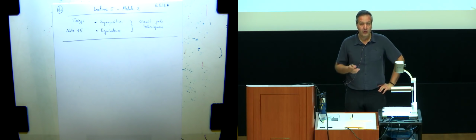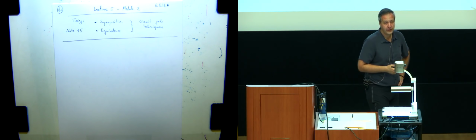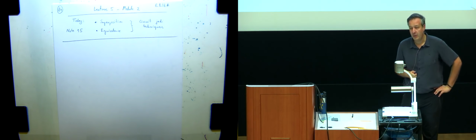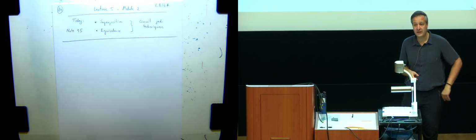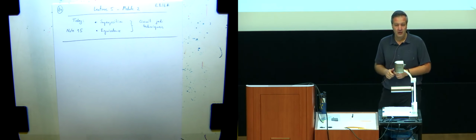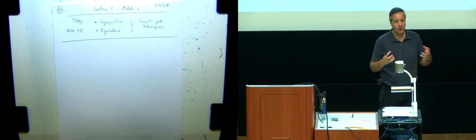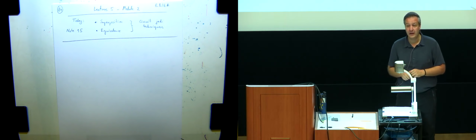The real goal here is to enable us to design interesting systems. And to design interesting systems, we need to have insight. We need to understand how the blocks talk to each other, how they communicate, etc.